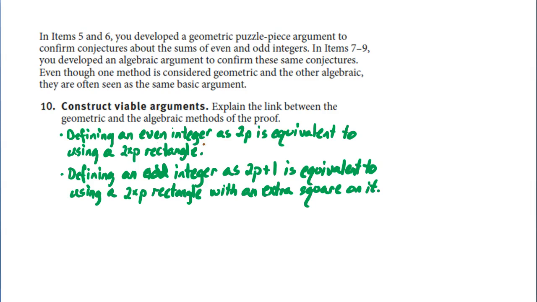Defining an even integer as 2p is equivalent to using a rectangle that has 2 rows and p columns, or a 2 by p rectangle. And defining an odd integer as 2p plus 1 is equivalent to using a rectangle with 2 rows and p columns, but with an extra square on the end of it.